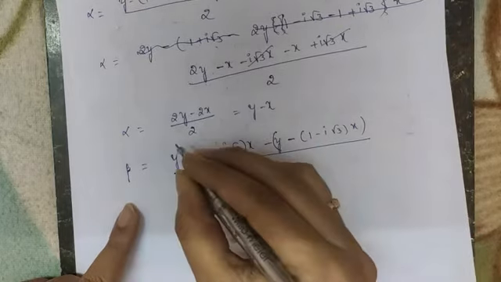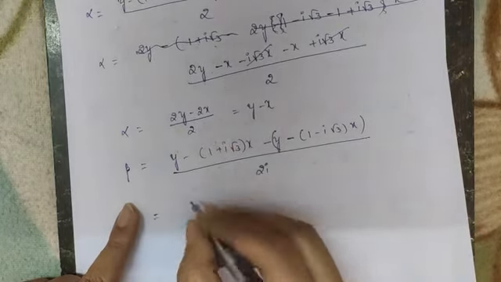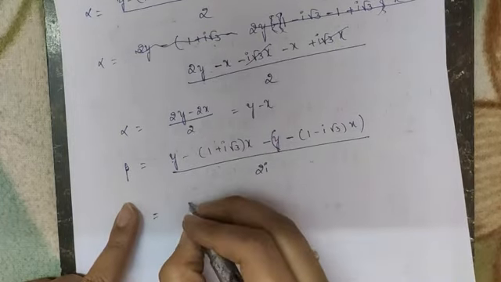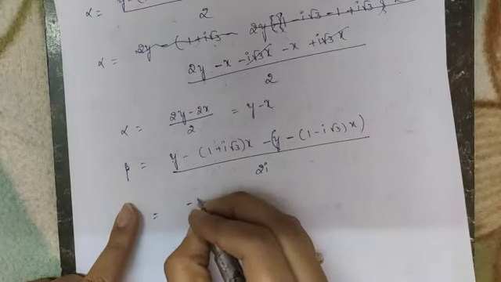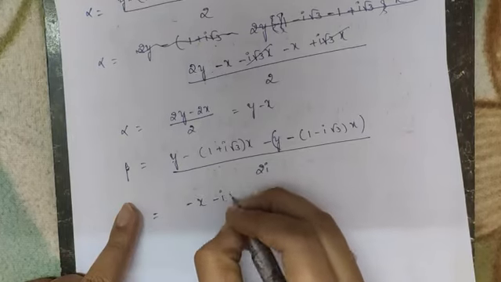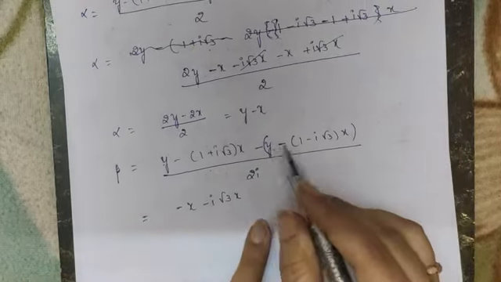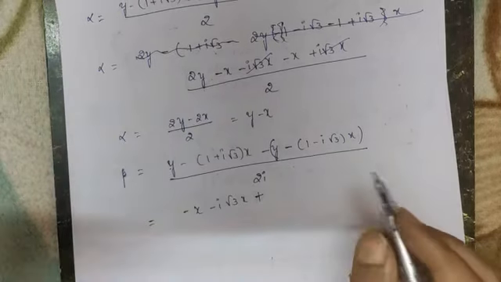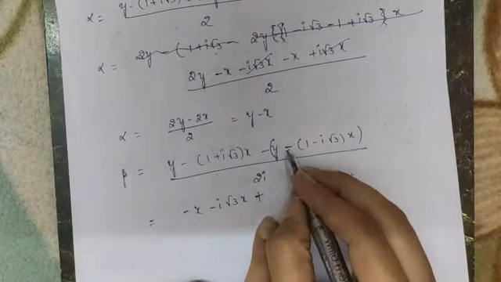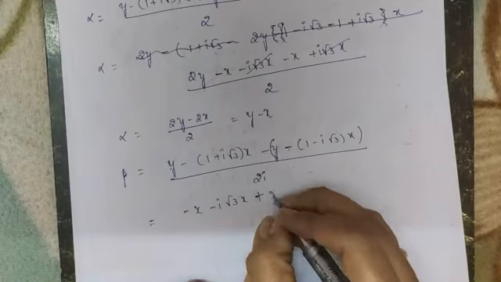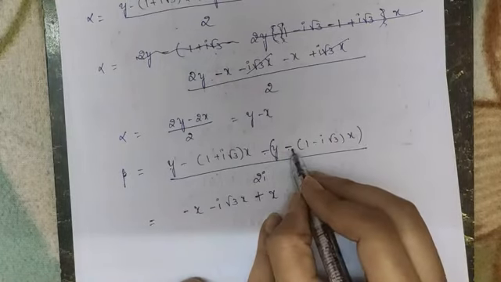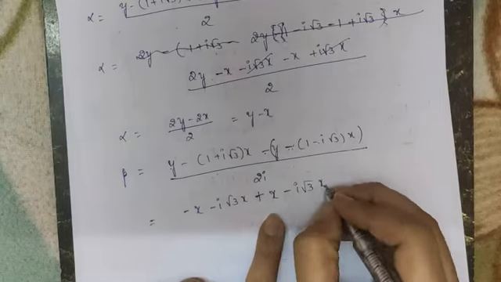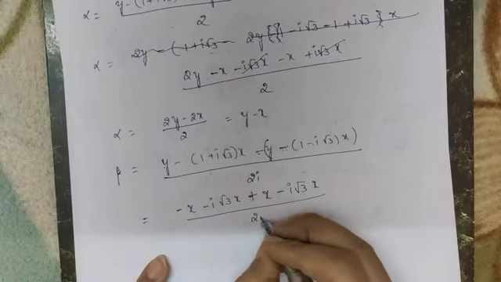So if you simplify this, you will get y gets cancelled. Here you will get minus x minus i root 3 into x. So minus into minus it is plus, so plus x, minus into minus it is plus, plus into minus it is minus i root 3 into x whole divided by 2i.